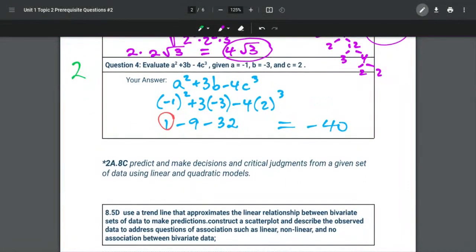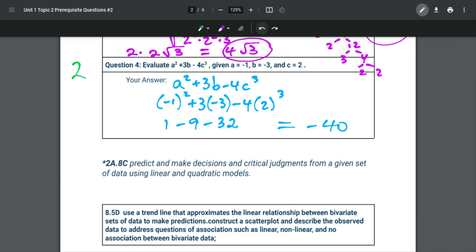Question number 4. You want to evaluate. Please use parentheses. Why? A is to be squared. A is -1. So it has to be in parentheses because -1 squared is +1. If you don't have parentheses, you should be getting the wrong answer because then this would stay negative.